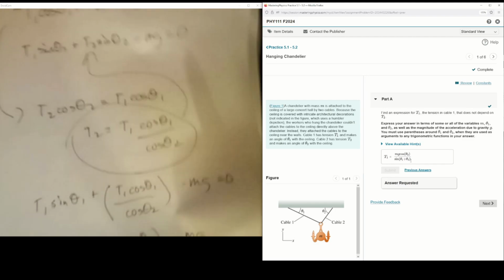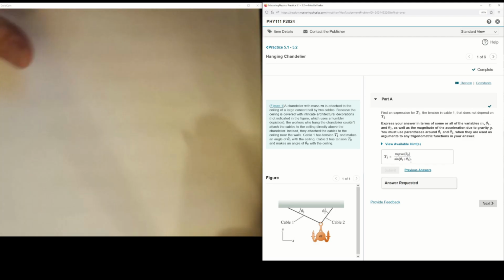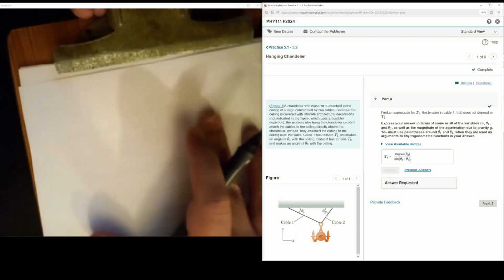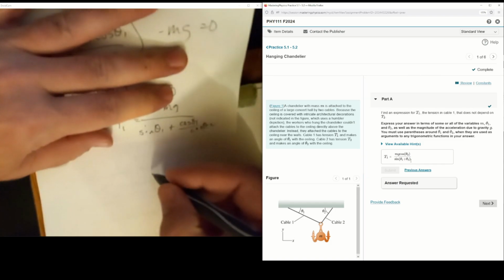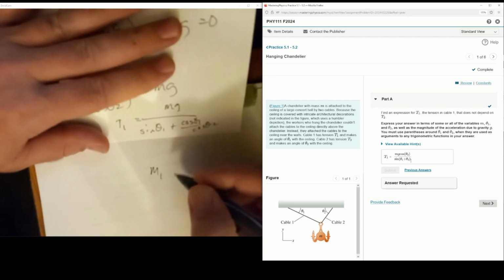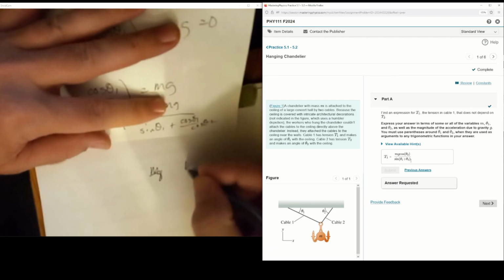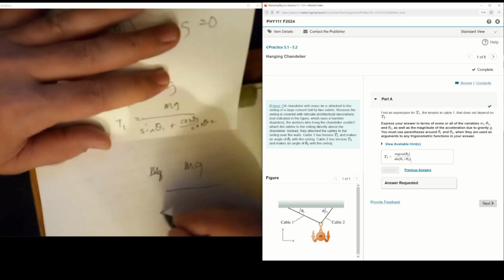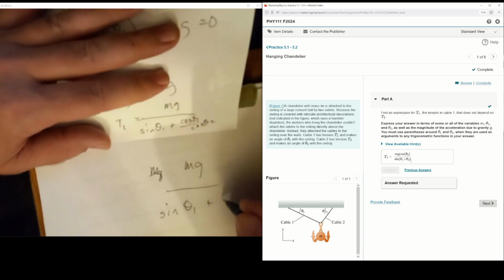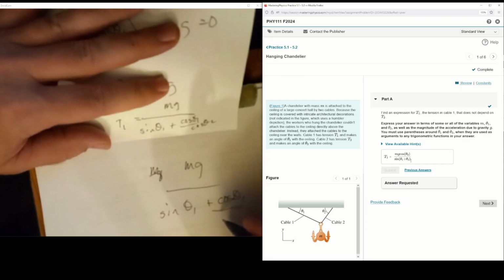Let me just say this really fast. Our answers are the same, but let me just say this really quick. Here's my answer right here: mg over sine theta 1 plus cosine theta 1 over cosine theta 2.